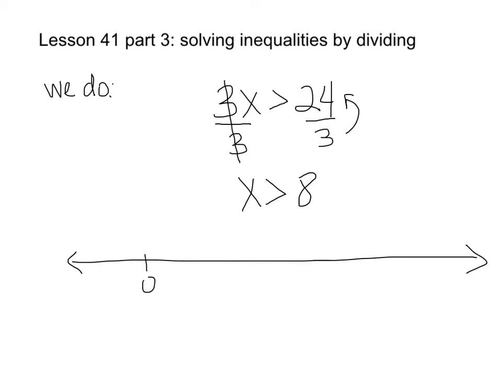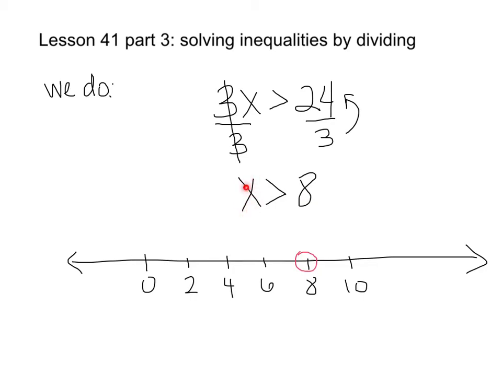We'll have 0, we'll count by 2s, I guess. 2, 4, 6, 8, 10, that's good enough. So I circle 8. I don't bubble it in because there's not that little equal thing down there, so x can't be 8. Now, x is here, this is my variable, and the alligator is going to him, so he must be bigger than 8.